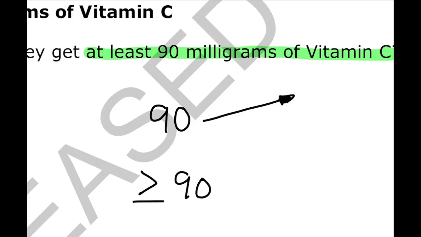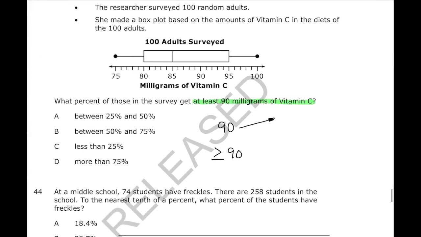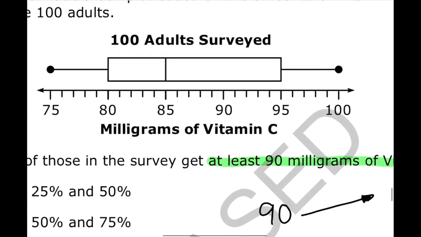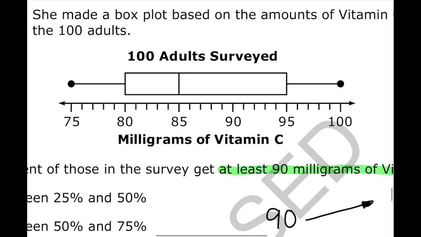We're trying to figure out how many or what percentage is at 90 or above. Well, find 90 on your graph, and 90 exists right here. So we're trying to figure out what percentage goes from here to the end of my box plot.